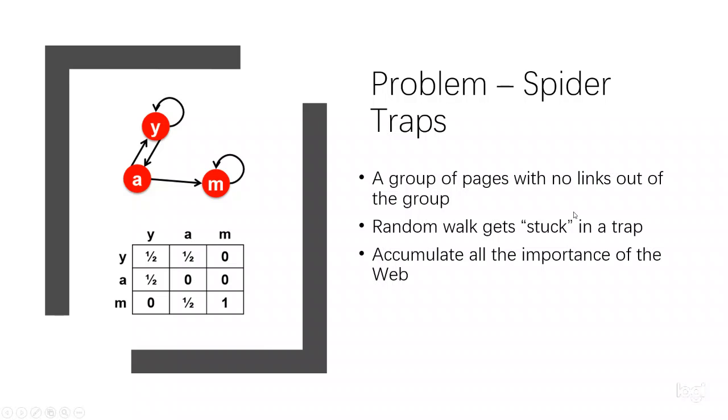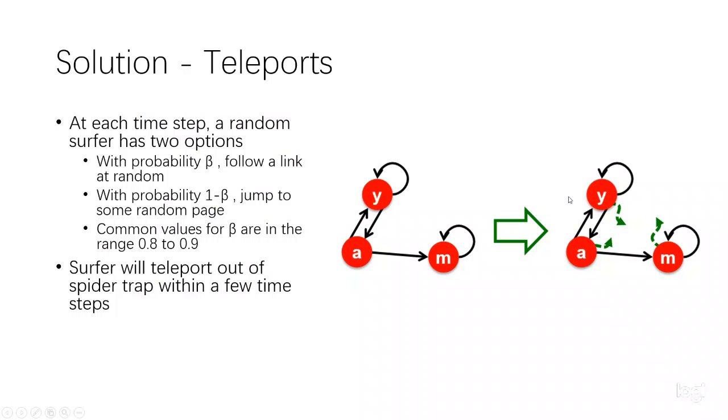The problem of spider trap is that node M represents a group of nodes pointing to each other. Therefore, node M has only one outlink, which points to itself. Similarly, it will suck all the importance score into this group of nodes, which is called a spider trap. We also have a solution called teleport.